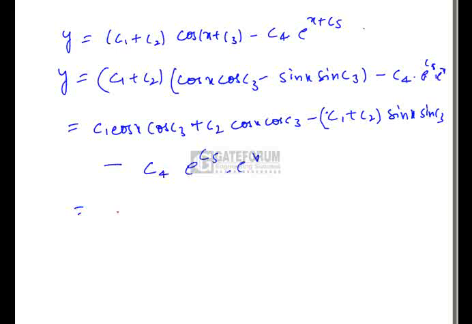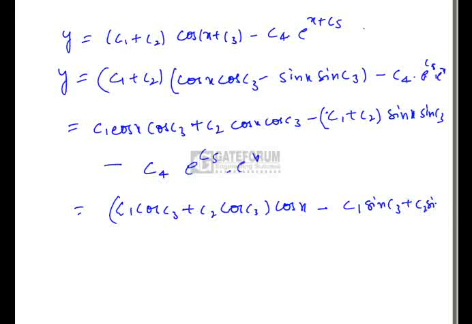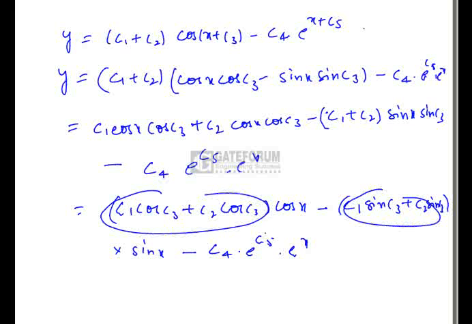This can be written as c1 cos c3 plus c2 cos c3 into cos x minus, similarly, c1 into sin c3 plus c2 into sin c3 into sin x minus c4 into e power c5 into e power x. Now, all these values are constants, even this is a constant, even this is a constant.